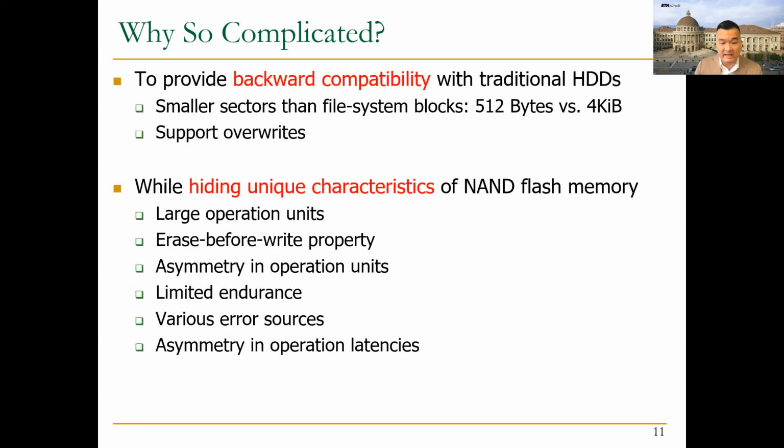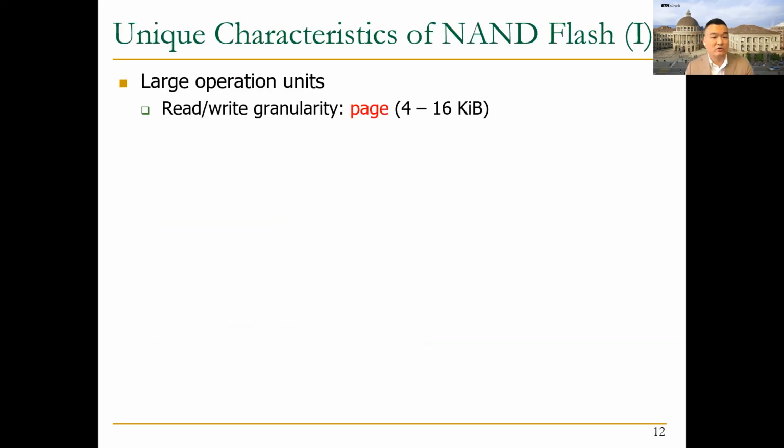However, as I explained, NAND flash memory has many unique characteristics that do not exist in HDDs, and here I listed only representative ones. So let's take a look at some of these characteristics very briefly. First, NAND flash memory has large operation units, meaning that it reads and writes data at page granularity.